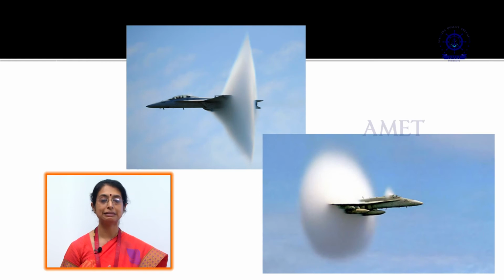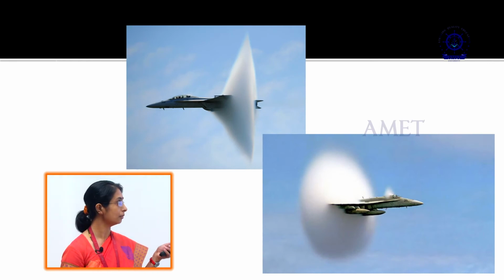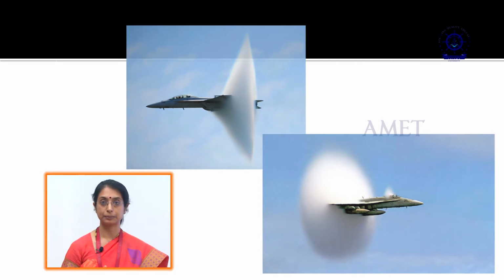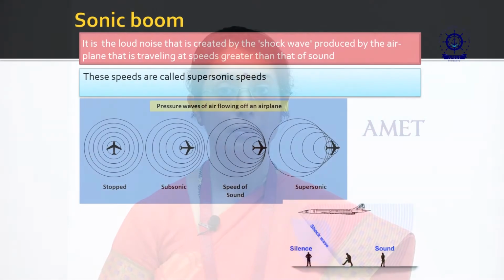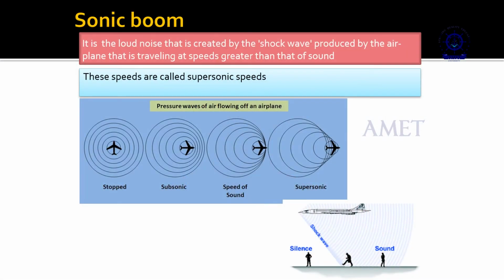What you see here in the slide is the picture of a sonic boom. The cloud that you see around the airplane is nothing but a high density of air molecules surrounding the airplane. We call this a sonic boom because it is a loud noise or blasting sound generated when shock waves are produced by an airplane traveling at a speed greater than that of sound.